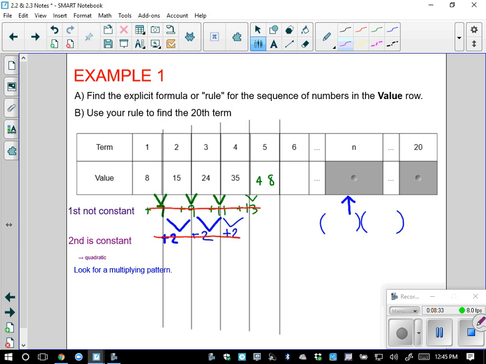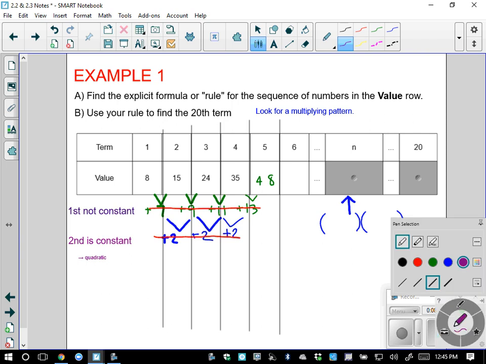So like, let me move this up here. We're looking for a multiplying pattern. And one way to find 8, I could do 1 times 8. I could do 2 times 4. So I'm just going to write those multiplying patterns below the 8. 1 times 8, 2 times 4.